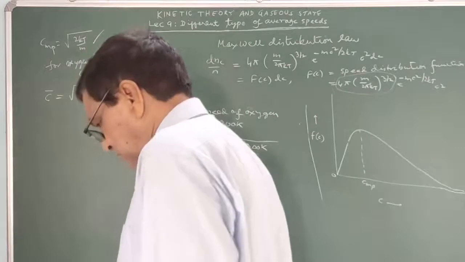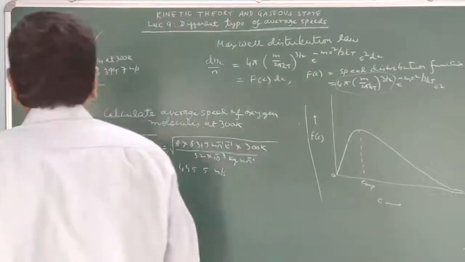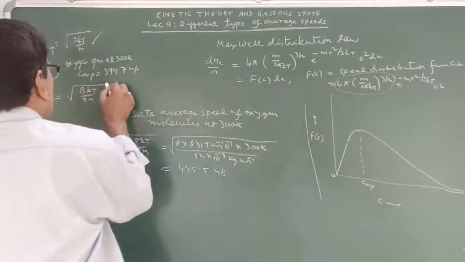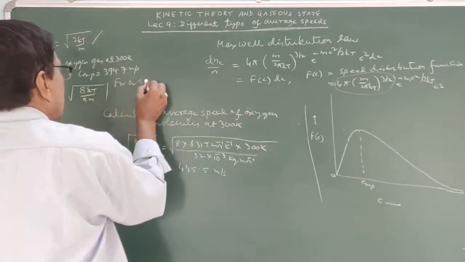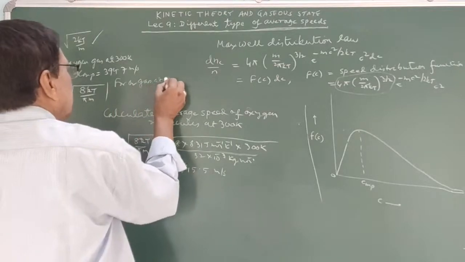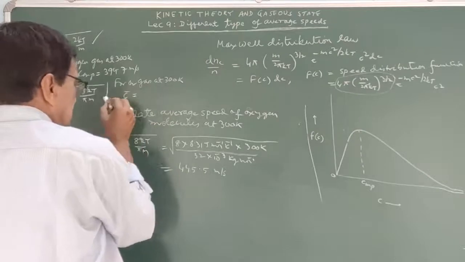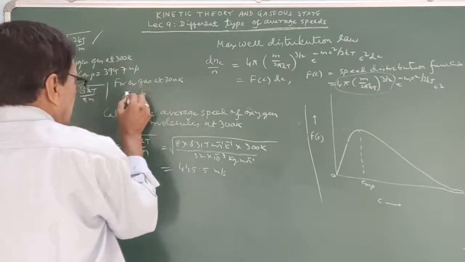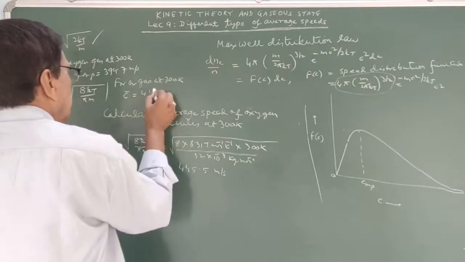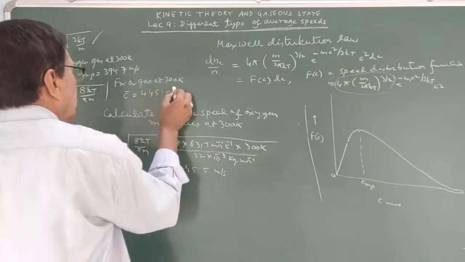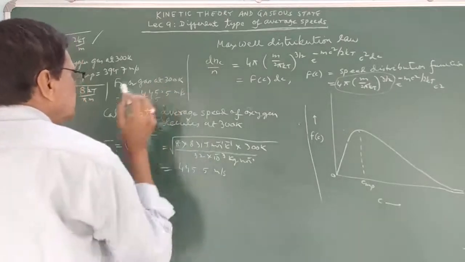So for oxygen gas at 300 Kelvin, C bar is equal to 445.5 meter per second.